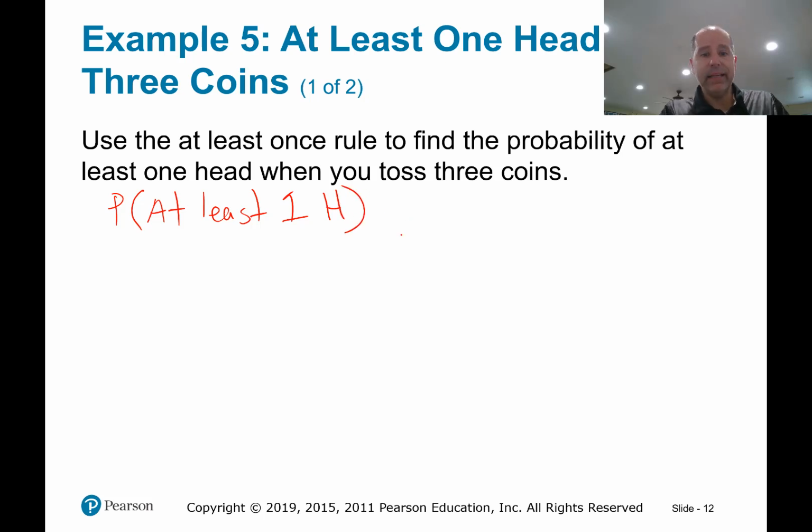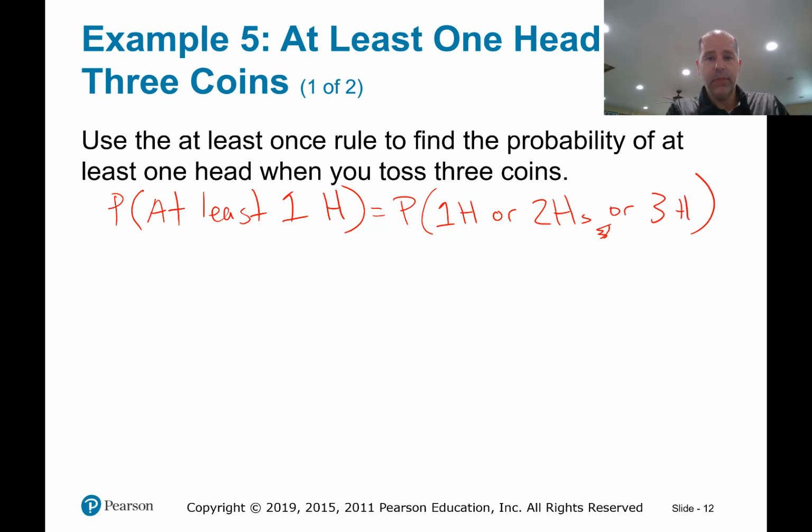Now that means if we want to do this by brute force, we would have to calculate the probability of getting one head or getting two heads or three heads. Well, this would mean how many different ways are there of getting one heads?